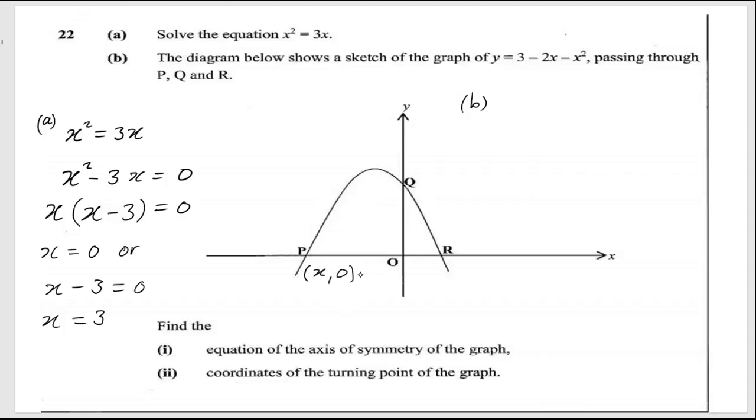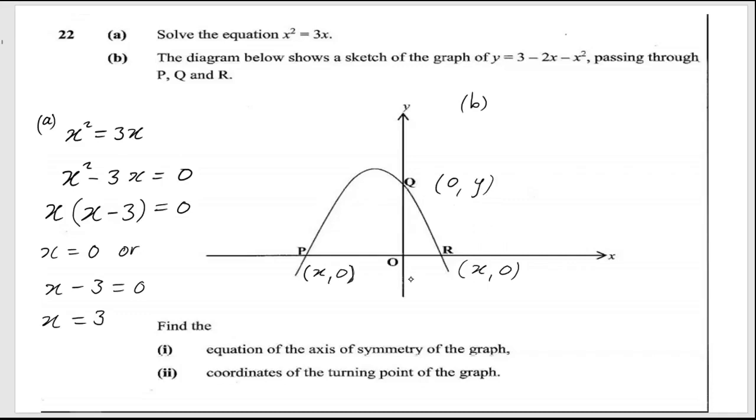The y-coordinate will always be equal to 0. Same applies to R, it's x, 0. Then this is 0, y, because it is on the y-axis, meaning the x-coordinate is 0.